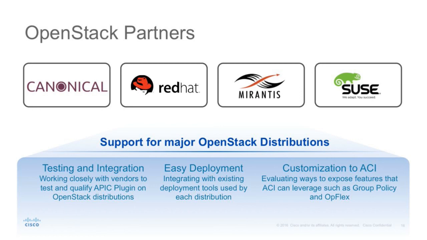These organizations test and certify our plugin, and we co-develop with them. In some cases, for example Mirantis and SUSE, you will get everything from them. In the case of Red Hat, we're working with them, so if you use any of these vendors, you will not have to do any extra steps to use ACI.